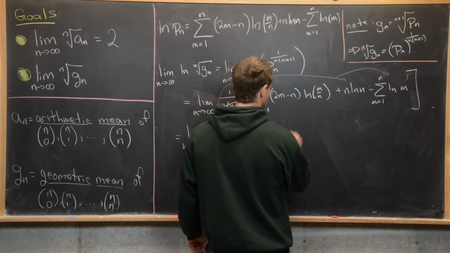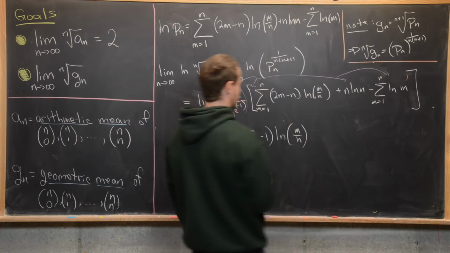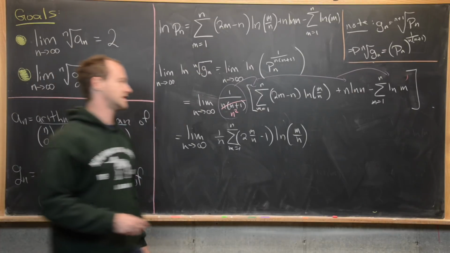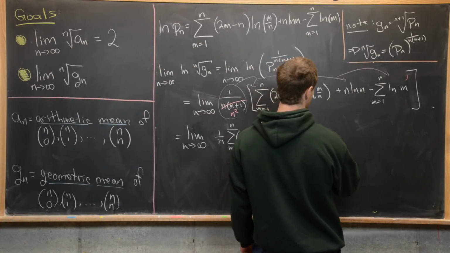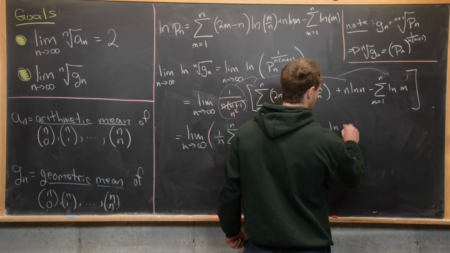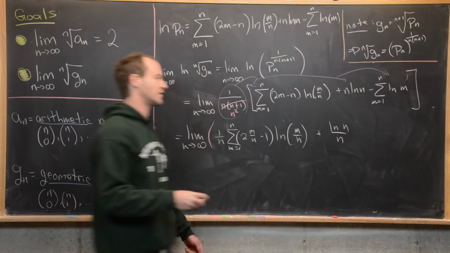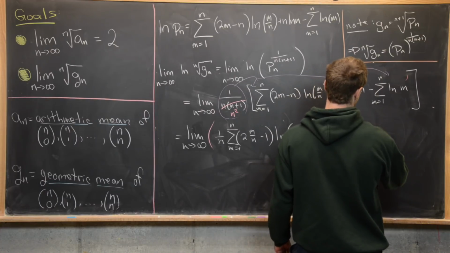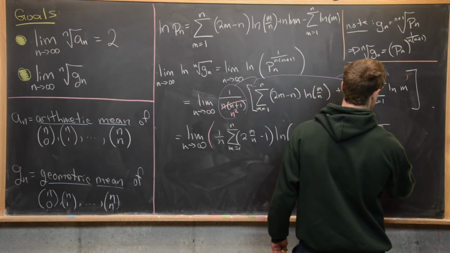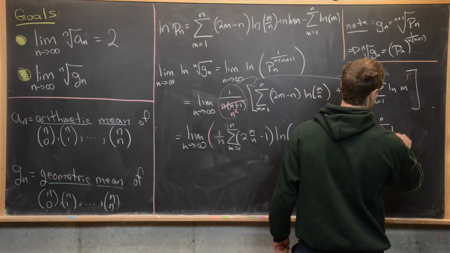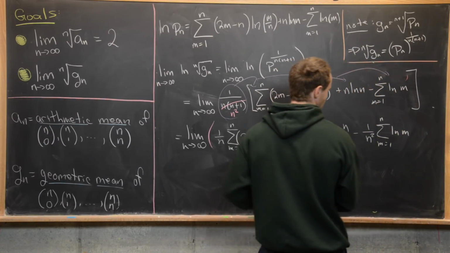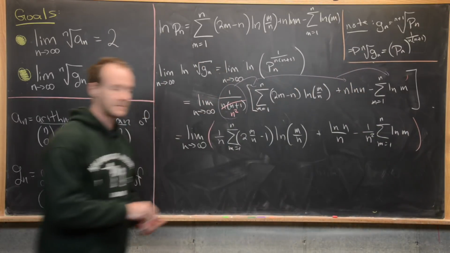And now I have the natural log of m over n. Great. Now bringing the 1 over n squared to the next parts, we get plus the natural log of n over n. So notice n over n squared is going to give us 1 over n, and then minus 1 over n squared times the sum, m goes from 1 to n, of the natural log of m. Great. And then we can go ahead and close these parentheses off.